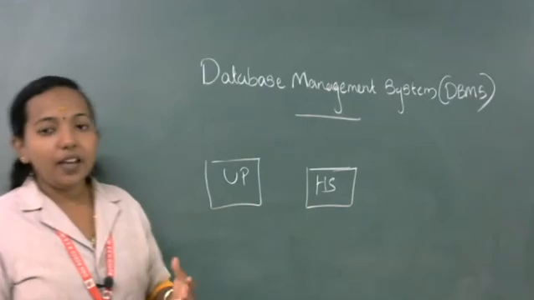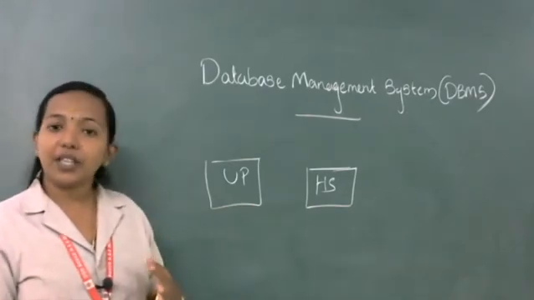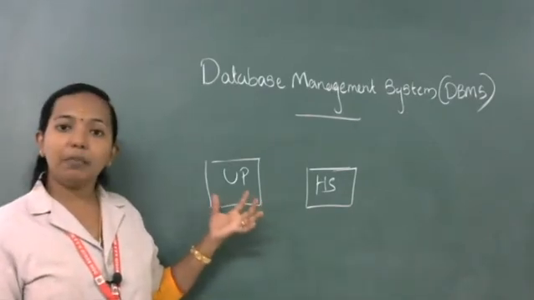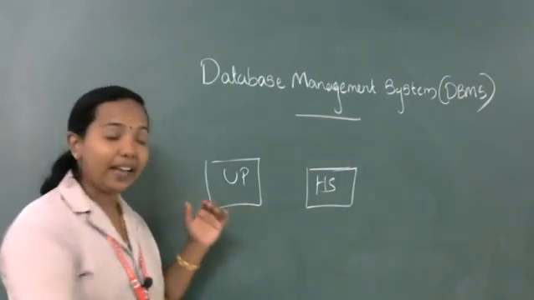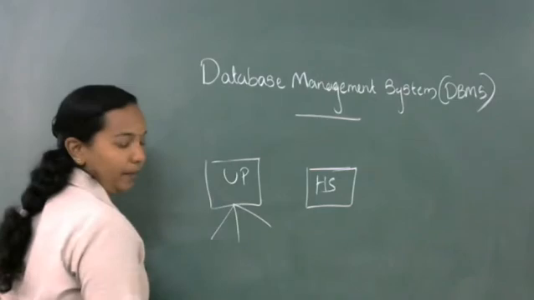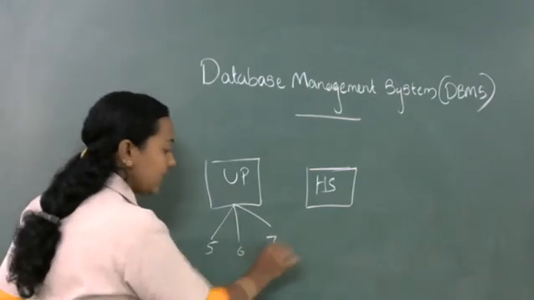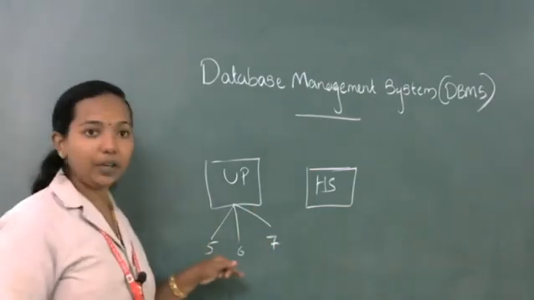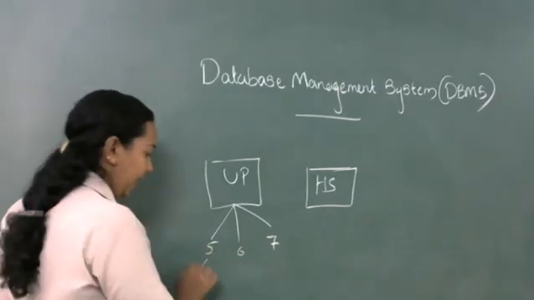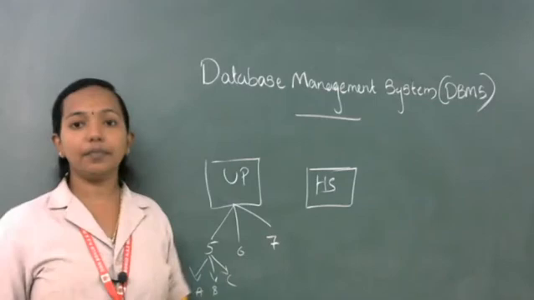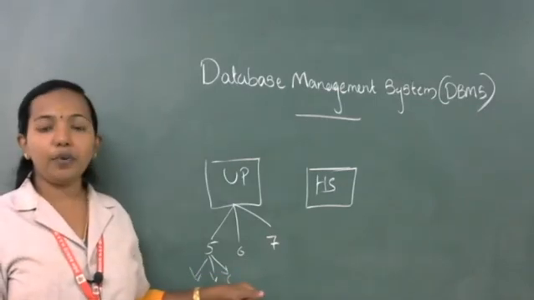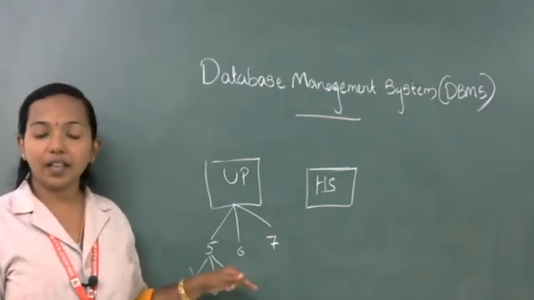If I want to take information of a student from 5C, then what you want to do? There will be a main folder called UP folder. If you click on UP folder, again 3 subfolders will come: 5, 6, 7. Then again I want to click on 5. Then again 3 subfolders will come: A, B and C. Then I want to select information of a student from 5C.